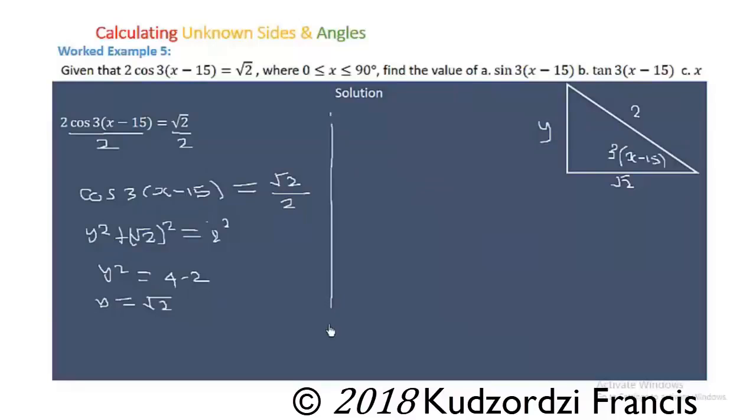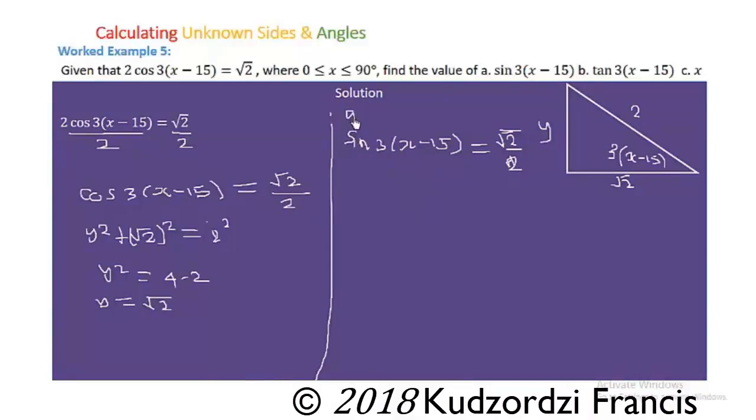Then we now find sine 3 into bracket x minus 15. Now this is the angle. The opposite is root 2. The opposite is y, and y is root 2, so sine is root 2 over 2. Then we find tan.